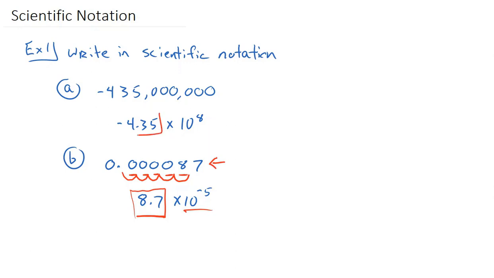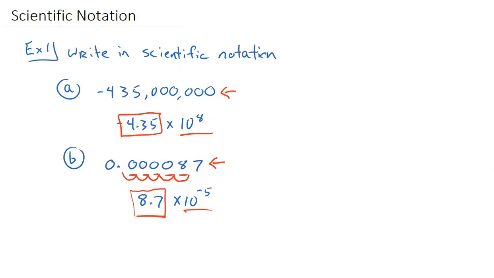If I take 4.35 and multiply it by 10 8 times, I'm going to end up with a big number. So if you think about it that way, then you won't get it backwards whether your exponent should be positive or negative. Okay, so that is starting with a standard number and converting it into scientific notation.